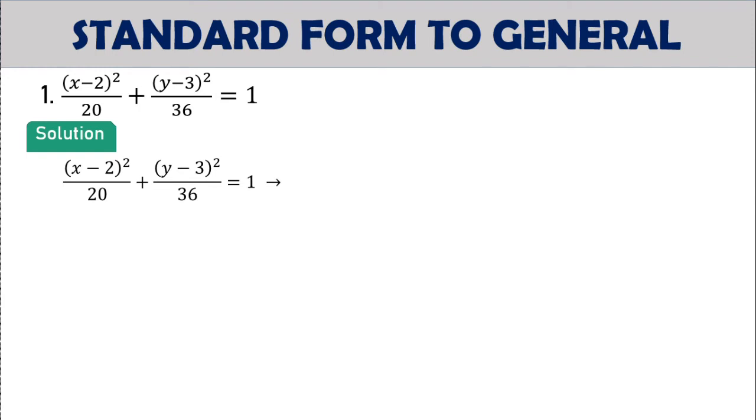So we're going to expand this by multiplying the whole equation by the LCD, the least common denominator of 20 and 36.